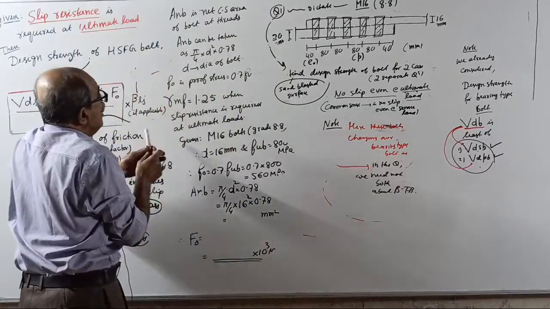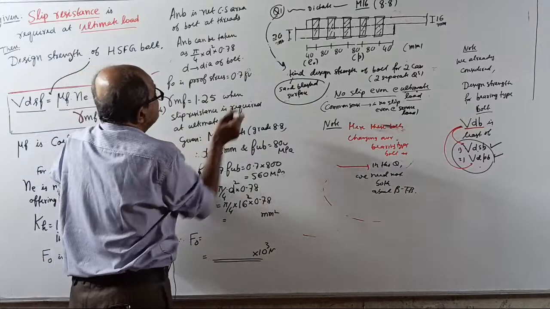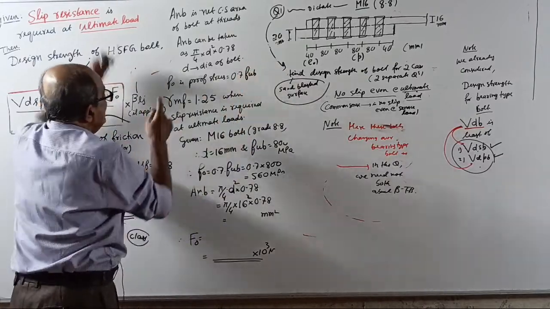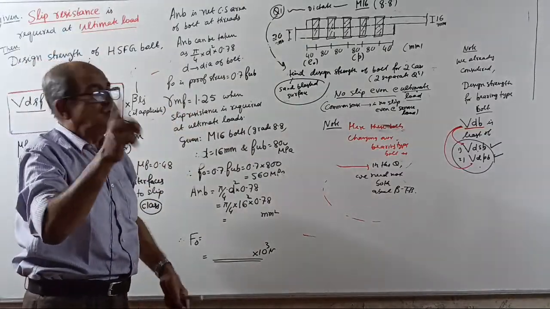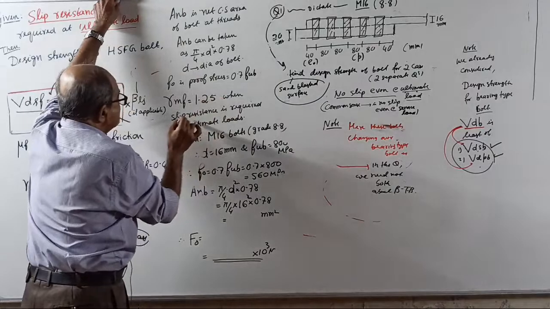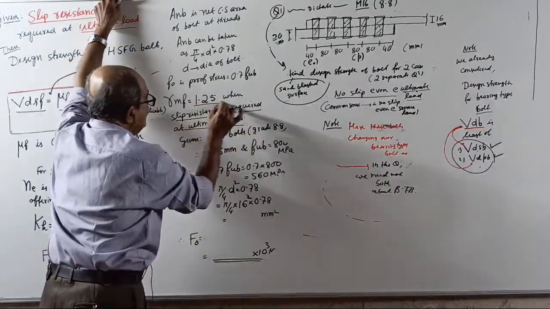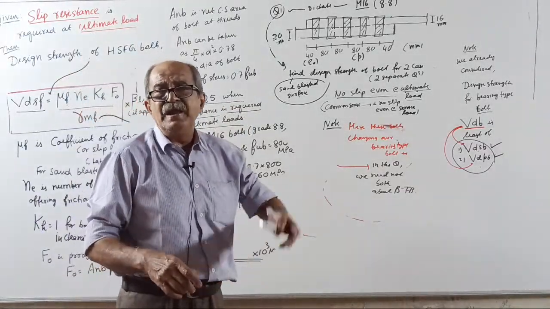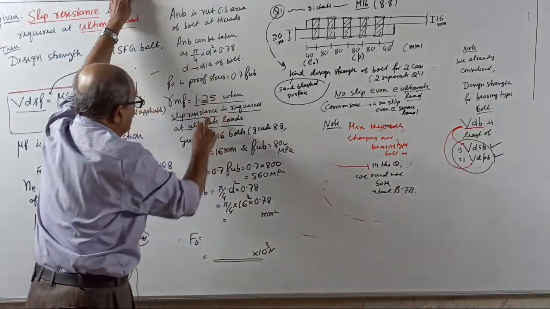Then f0 is the proof stress, taken as 0.7 times fub. Gamma mf equal to 1.25 when slip resistance is required at ultimate load. When slip is to be prevented at ultimate load, gamma mf equal to 1.25.